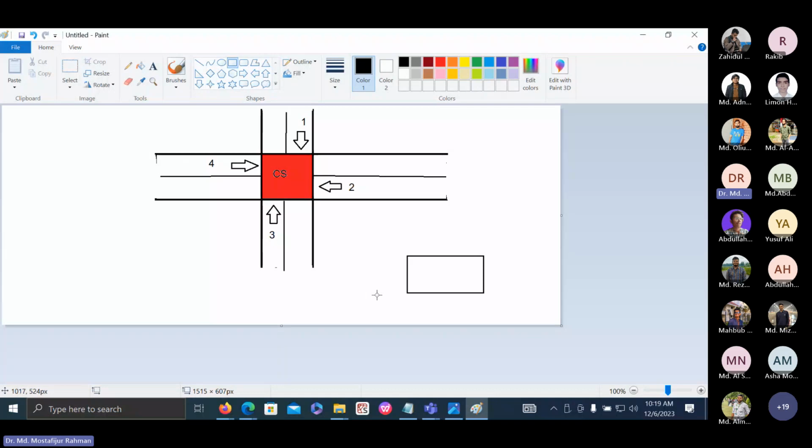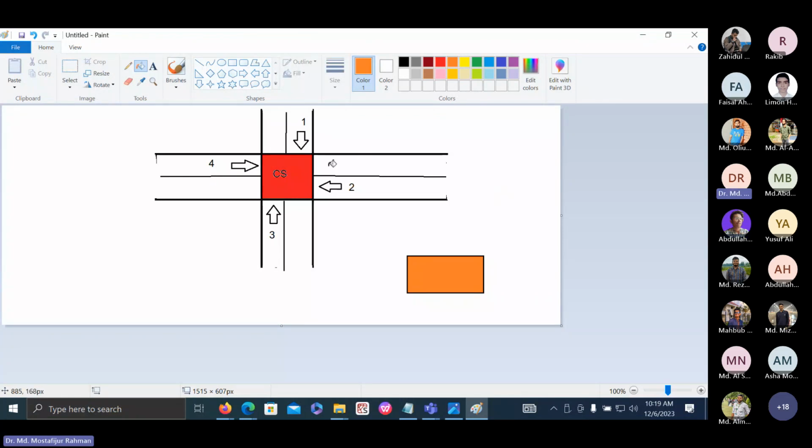It means this is a critical section, where everyone wants to get access to that land. Understand? So this place we can say is a critical section.